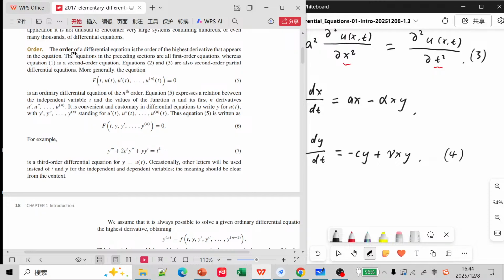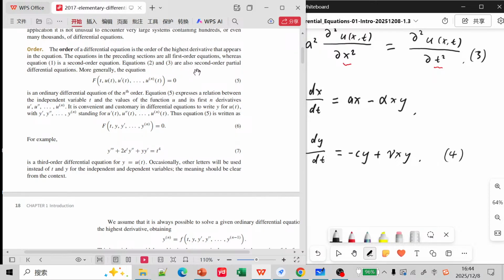Order. The order of a differential equation is the order of the highest derivative that appears in the equation. The equations in the preceding sections are all first-order equations, whereas equation 1 is a second-order equation, because the highest derivative is the second-order derivative.